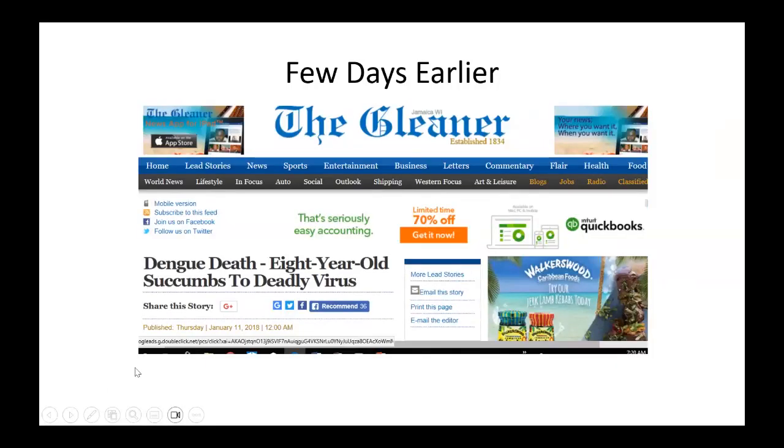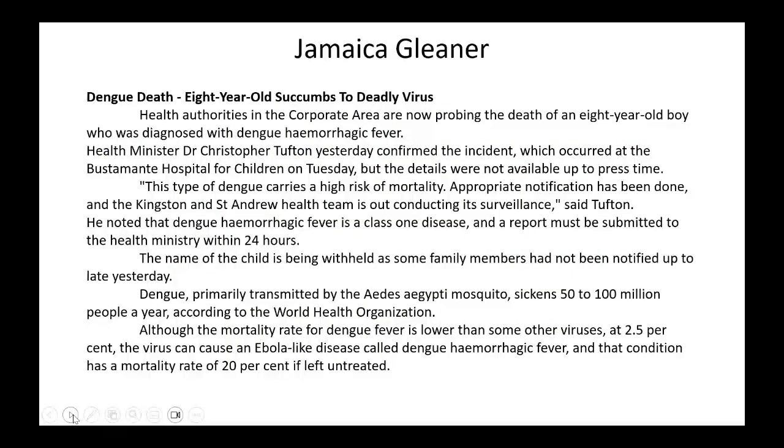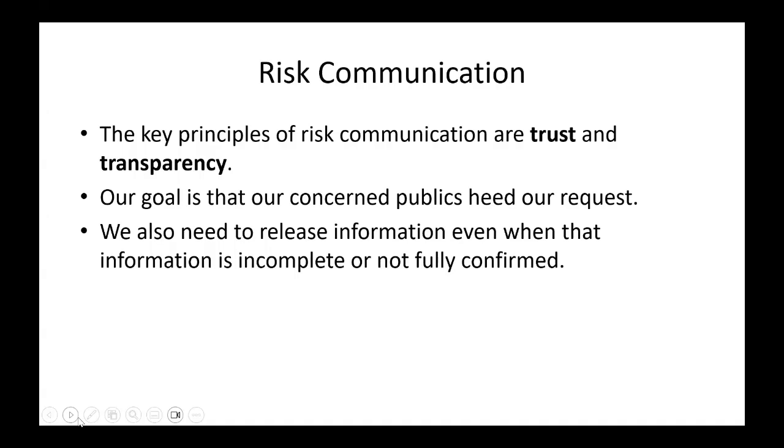But we were talking about dengue, and within the article, the Gleaner reporter had described dengue as an Ebola-like disease called dengue hemorrhagic fever. And so this went throughout.